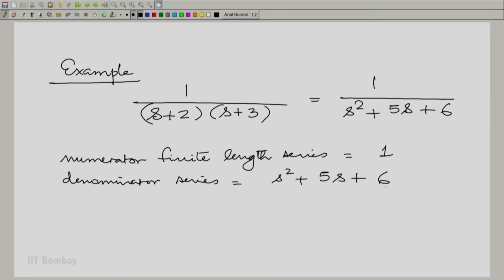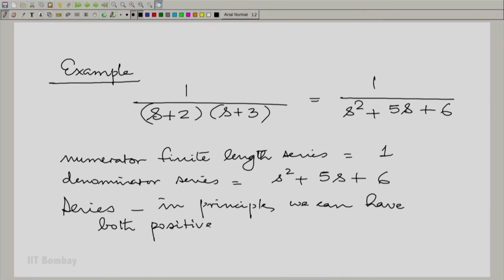Of course, we say series because in principle we can have both positive and negative powers of S.